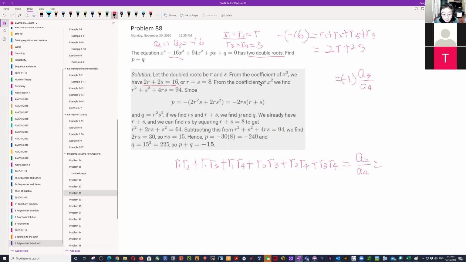Here a2 is actually 94, and a4 is just 1, so it equals 94.